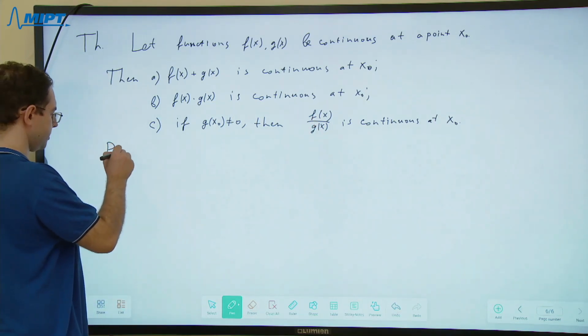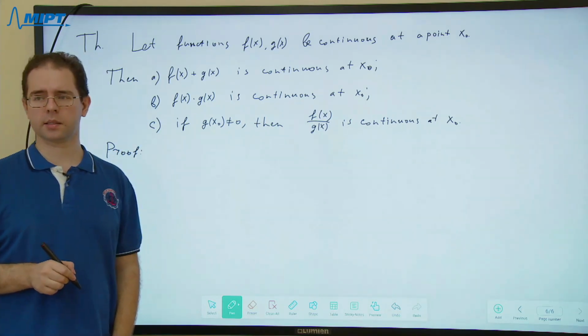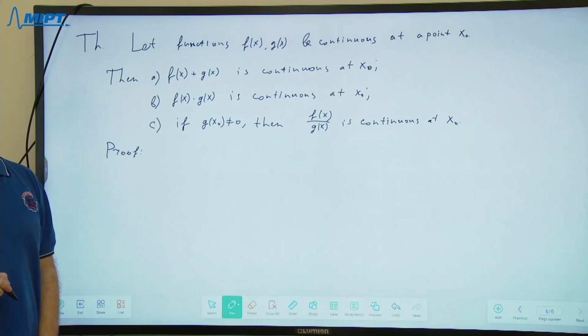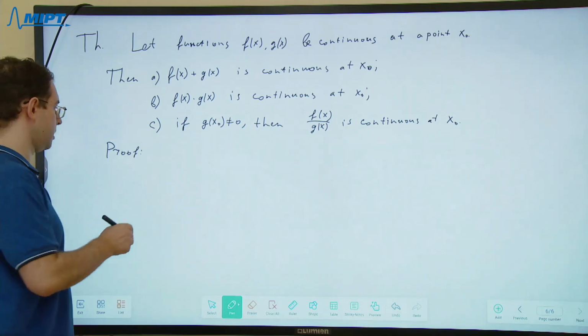Proof is very easy. Just apply the arithmetic properties of limits to those cases.